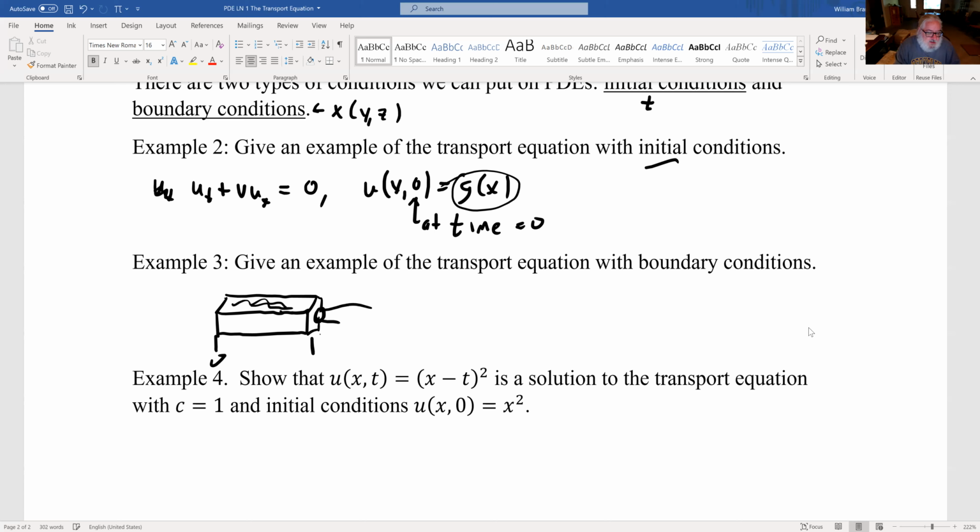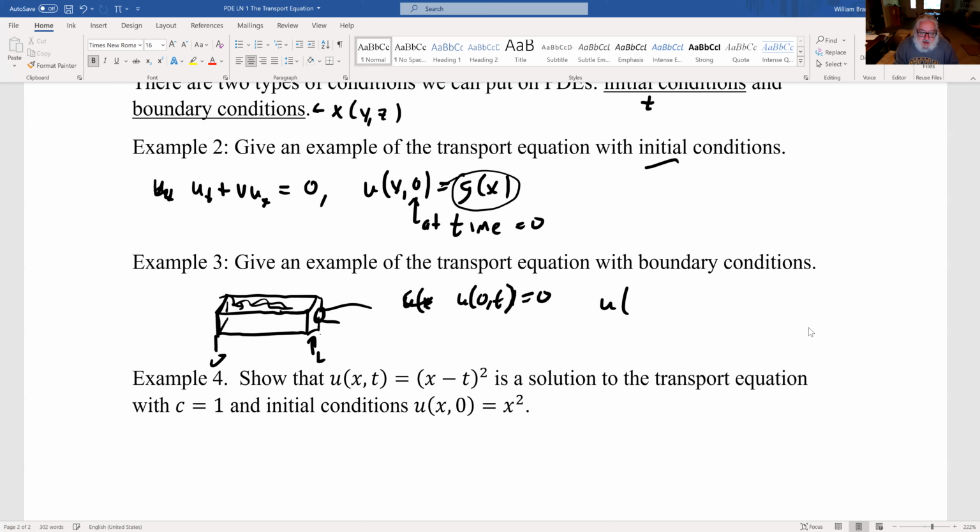So there's a boundary condition at L, right? u of 0 comma t equals 0, because here is where everything, that's a wall there and everything is coming in there, so there should be no density at this point.